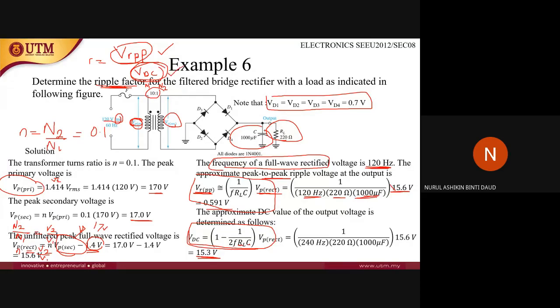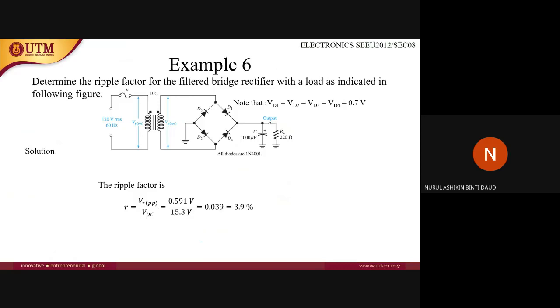So you already know the VDC value. You can just divide 0.591 by 15.3 volts, and you will get the answer 0.039 or 3.9%.